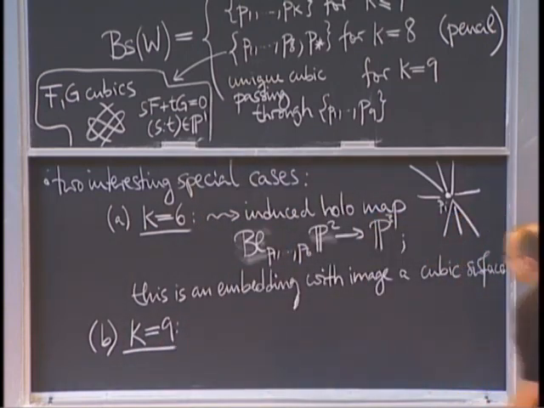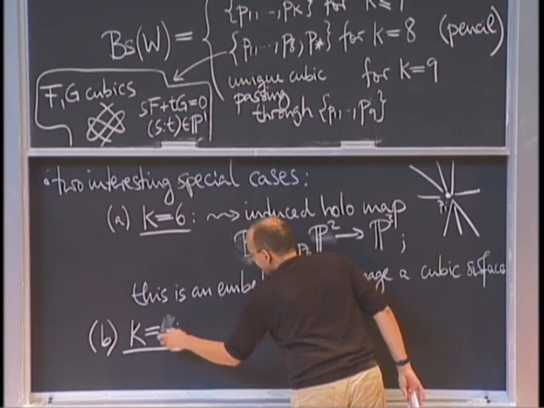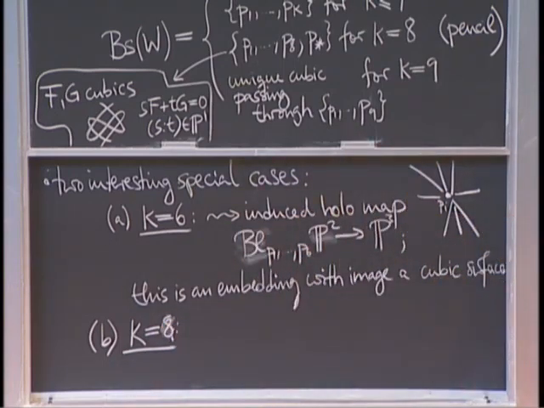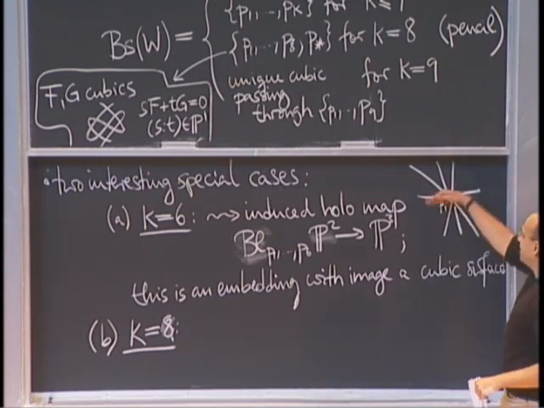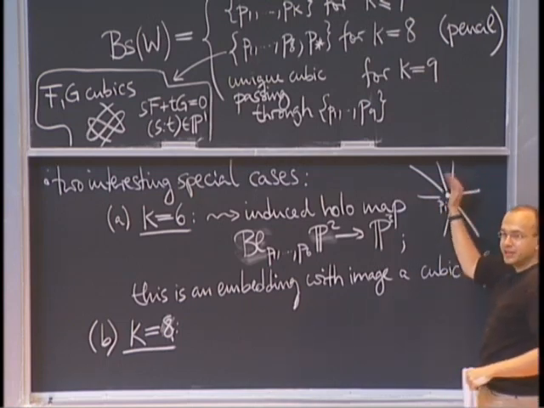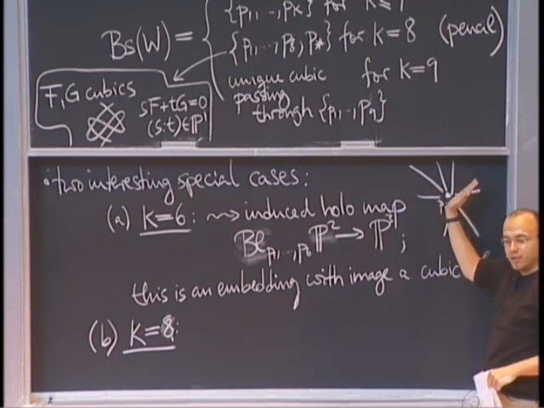Sorry, in the second case, you start with 8 points, but then there's this other mystery point that the cubics have to pass through. So if you blow up P2 in those 9 points, P1 through P8 and the other point P star, then the same thing happens. At each of the 9 points, you're going to have this picture of a one-parameter family of cubics passing through.